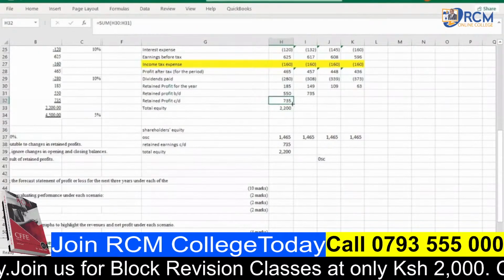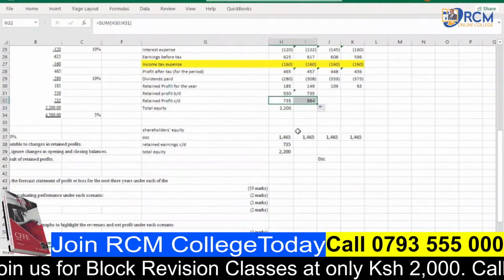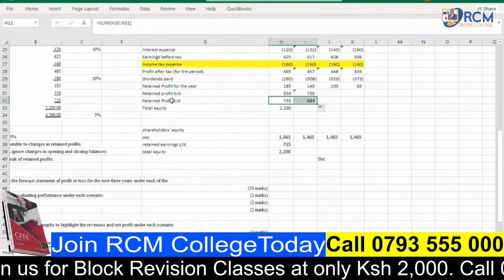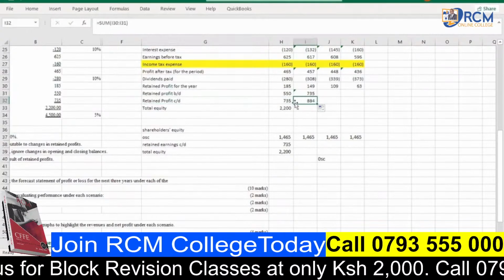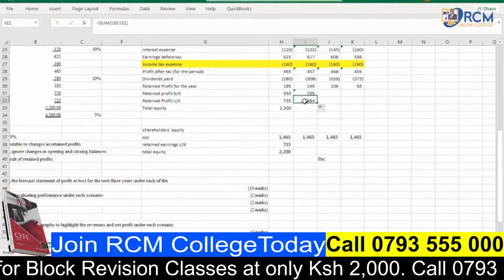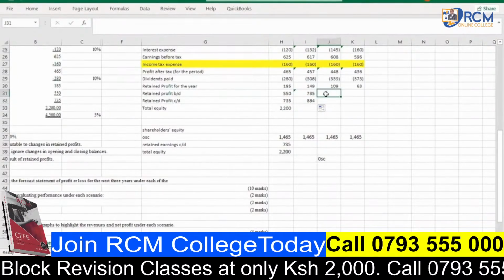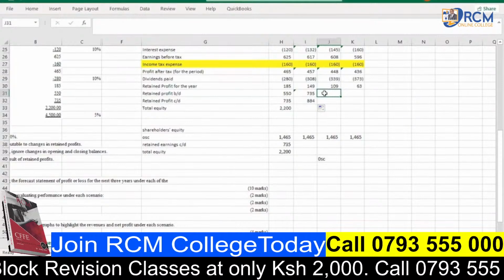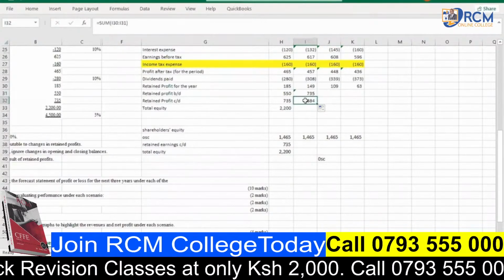So when we come here, the formula or the pattern remains the same. So retained earnings carried down for 2023 is 884, but brought down is 735. Now when we come here to 2024, our brought down will be the carried down of 2023.